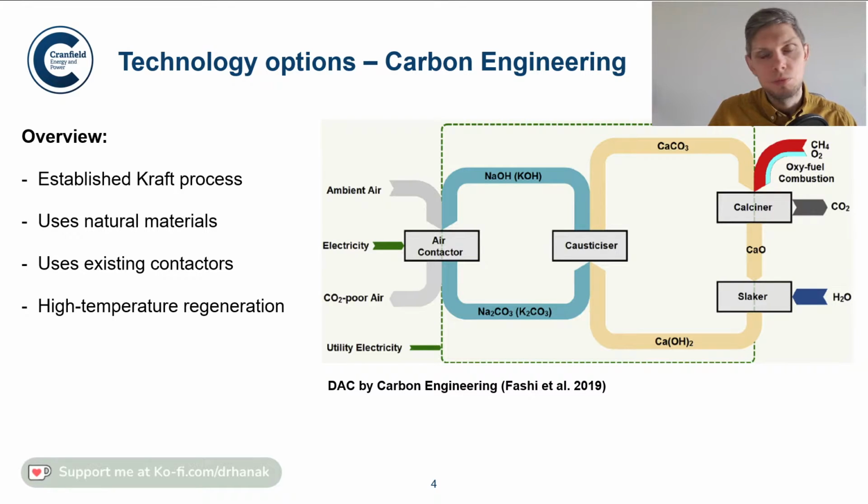In terms of the carbon balance, this is still carbon negative, but to capture 1 ton of CO2, you need to spend about 0.4 tons of CO2 in terms of the fuel combustion. So overall, you would capture about 0.6 tons of CO2 as a net emission.